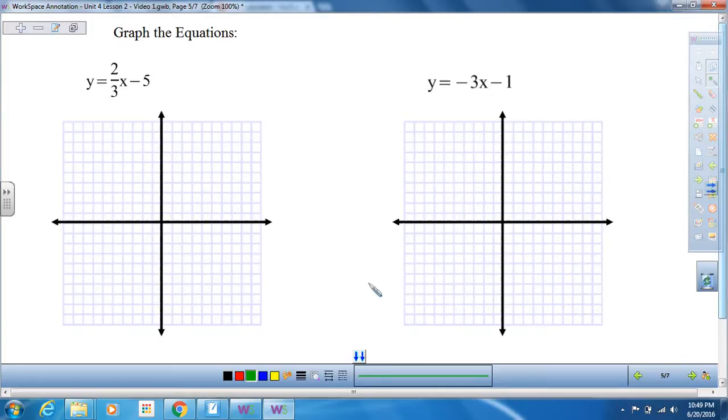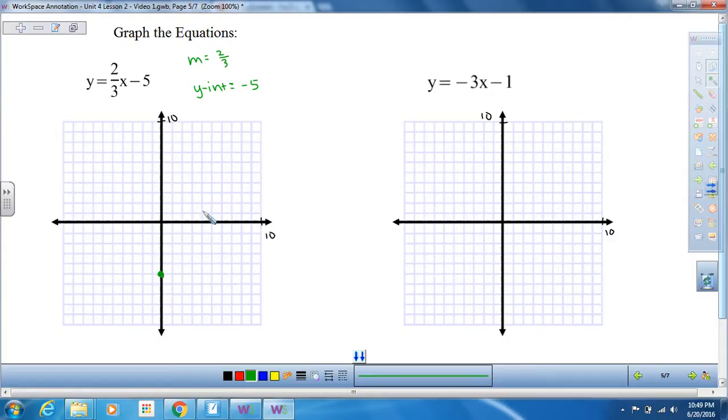Now let's practice graphing. So let me label these 10 by 10 graphs. Okay, so for my first example, my slope is 2/3. My y-intercept is -5. Remember, the y-intercept is where you start, so start at -5.